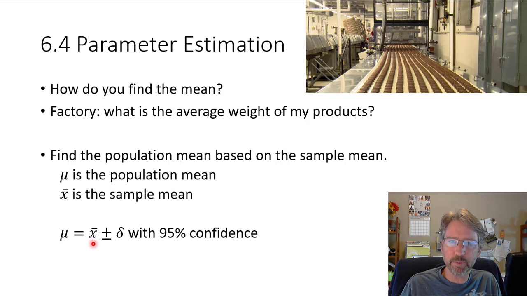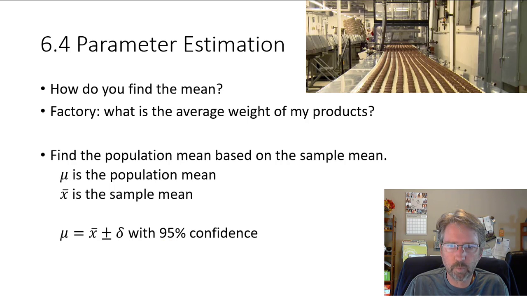We take some samples, we take the average, and we'd like to know plus or minus what delta with some confidence level. So I wanted to point out one thing about this confidence interval and the confidence level. As you get more confident, a higher level of confidence, 99% versus 95%, the delta gets bigger, because if you're going to be 99% confident, you have to make the thing big enough to have 99% of the occurrences.